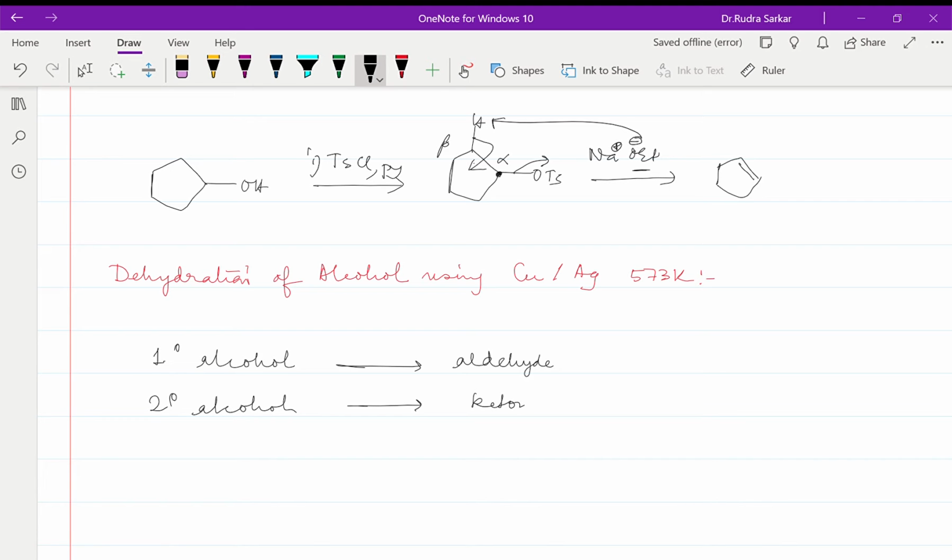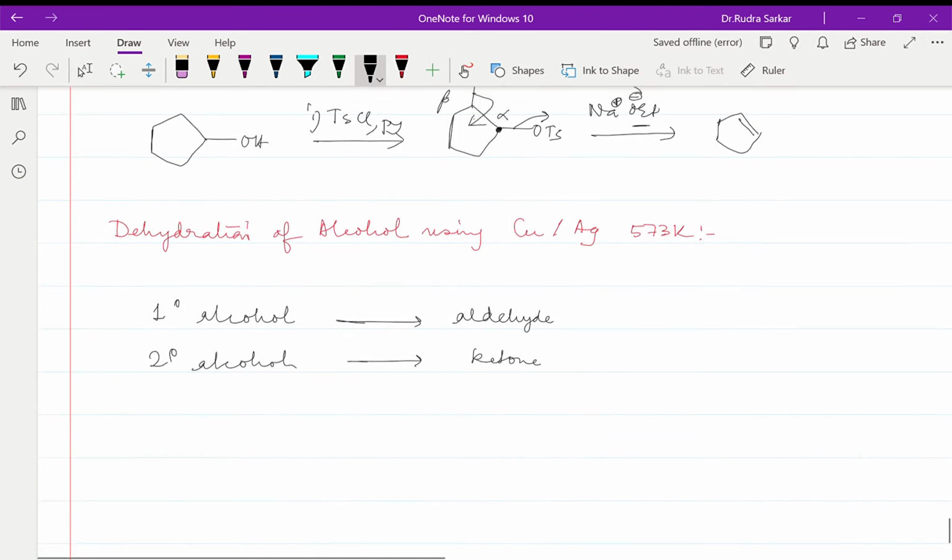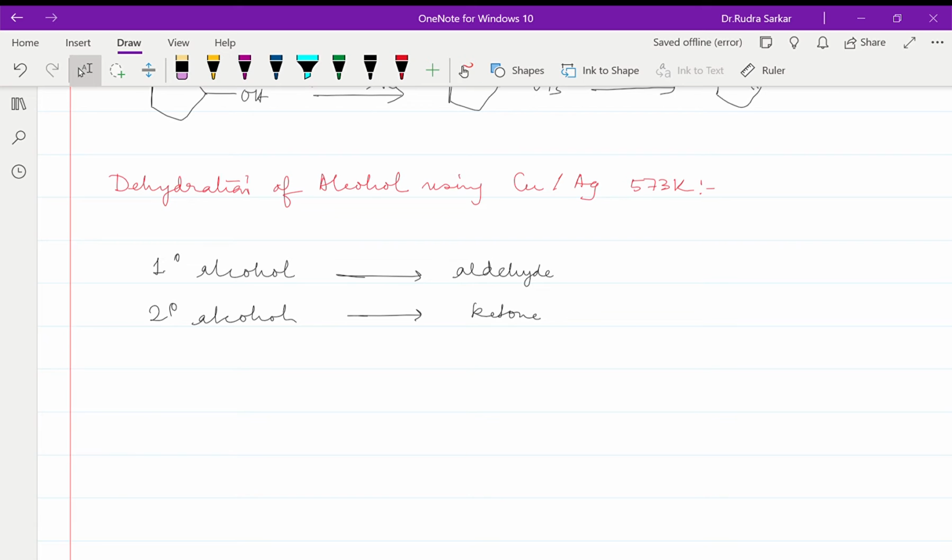Again, the same analogy that we used while we were oxidizing alcohols using PCC, PDC. But when you come to the case of 3 degree alcohol, there is no formation of aldehyde or ketone, but out here an alkene will be formed. That is what one has to remember about this reaction.